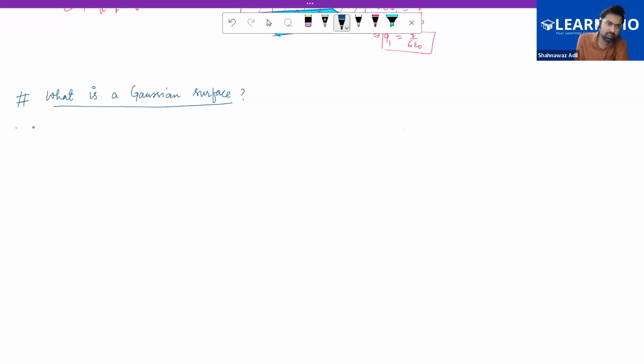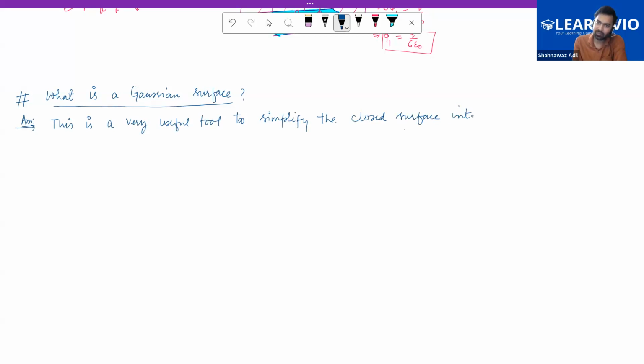This is a very useful hypothetical tool to simplify the closed surface integral, that is your E dot ds.